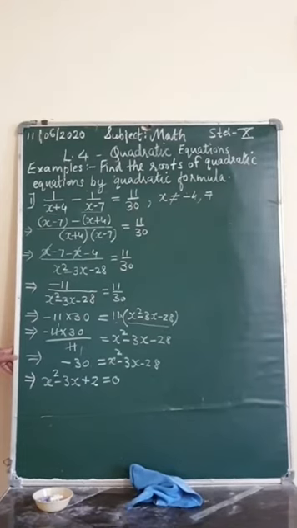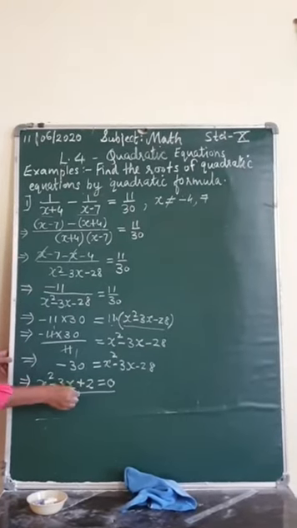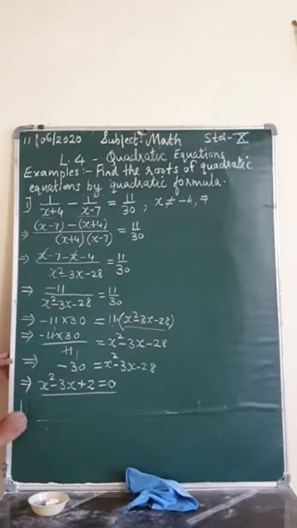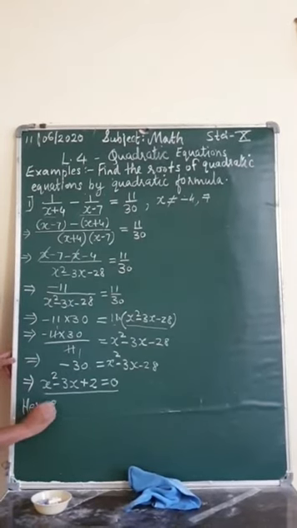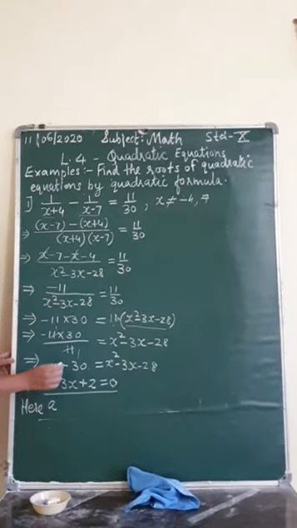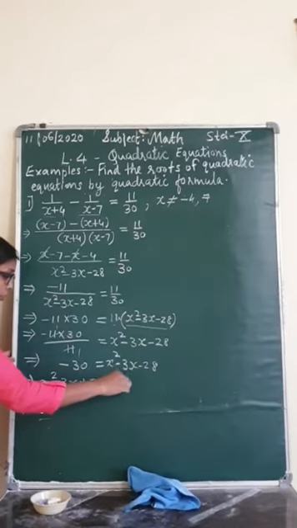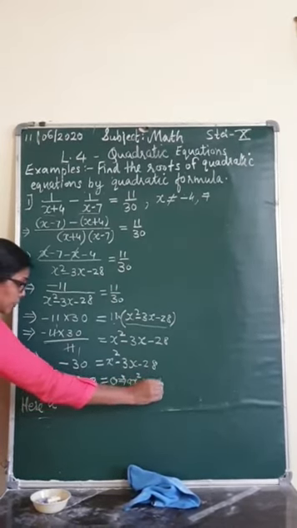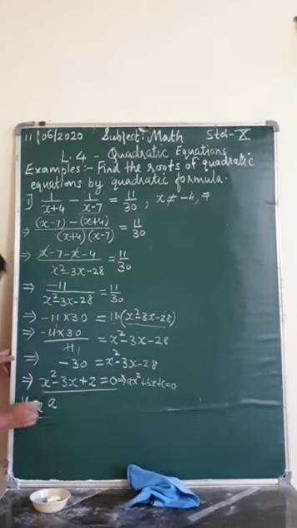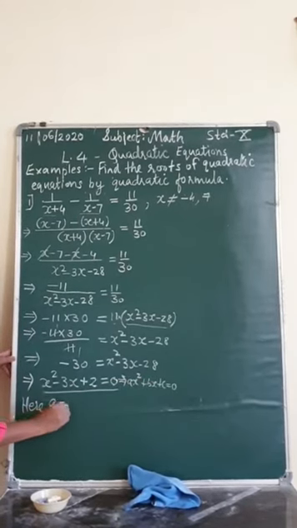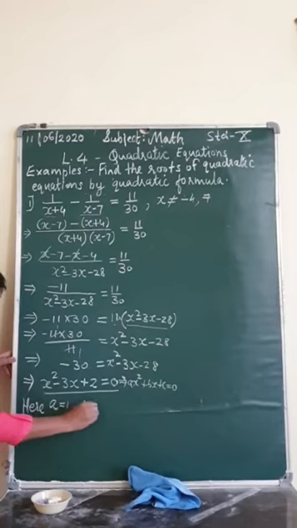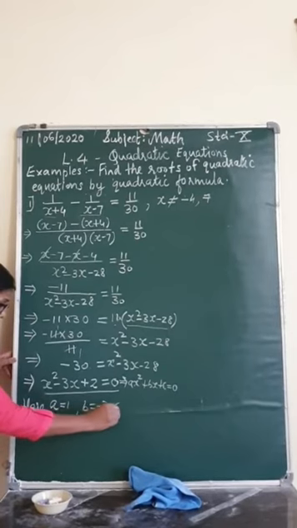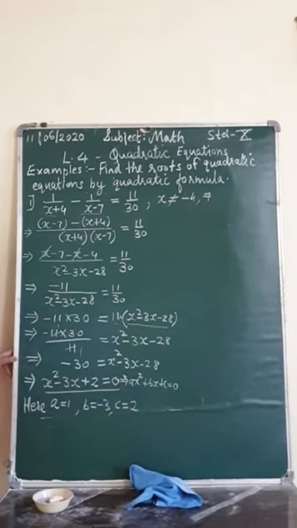So this is how we get the quadratic equation first. Now if you compare it with the standard form ax square plus bx plus c is equal to 0, then here our a is 1, b is minus 3 and c is 2.